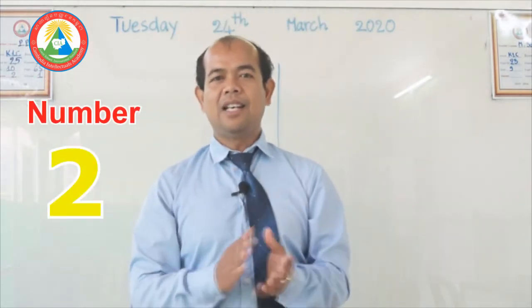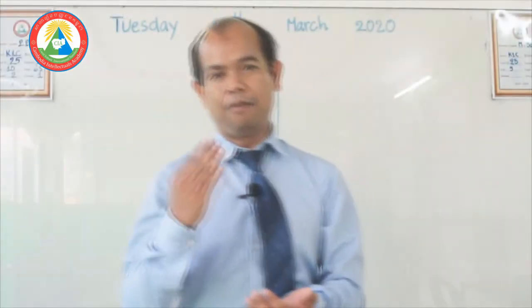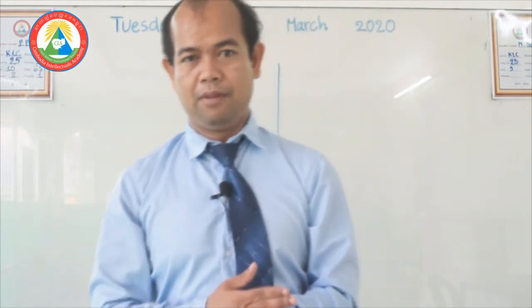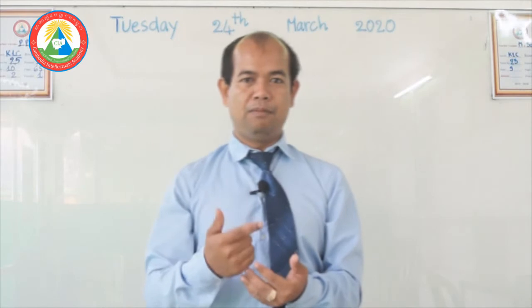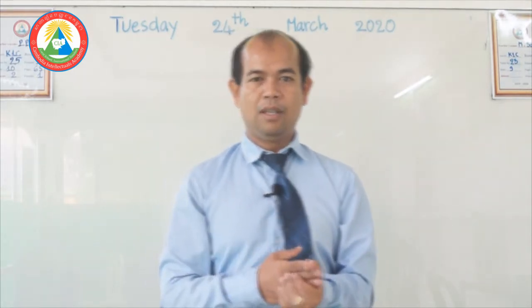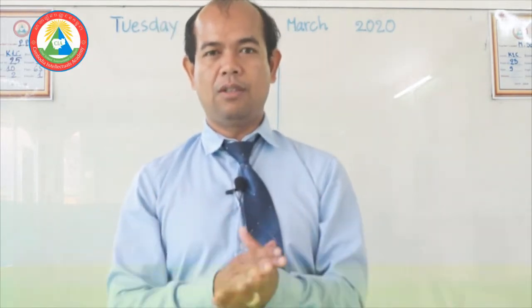And in this lesson, I have got 4 points in my objective. So first point, I will bring all of you to identify the number 2. And second point, I will teach you how to trace and write number 2.